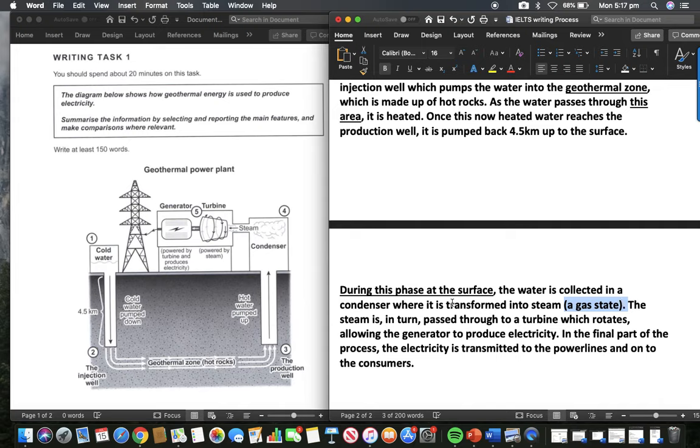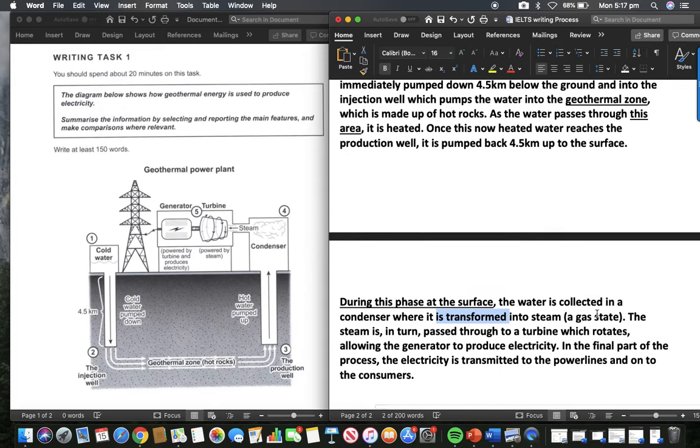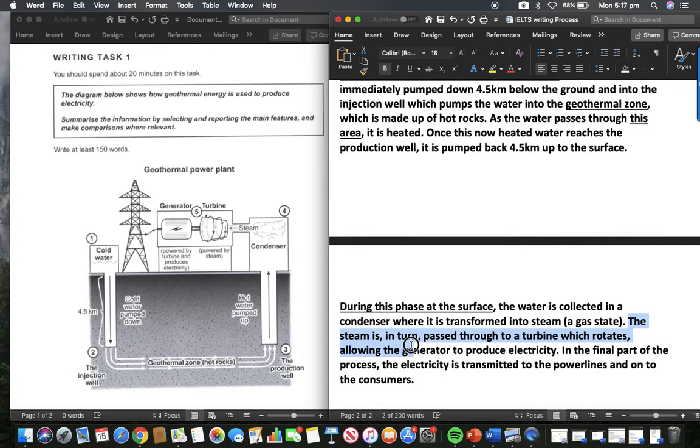And again, that's a key point there. Just is transformed, passive verb. The steam is in turn passed through a turbine, which rotates. So there's a nice little piece of language to show process.